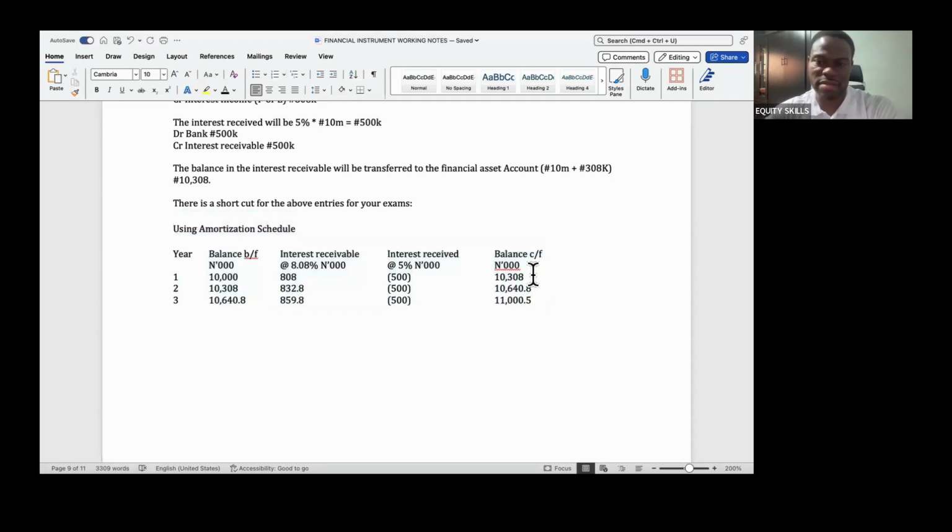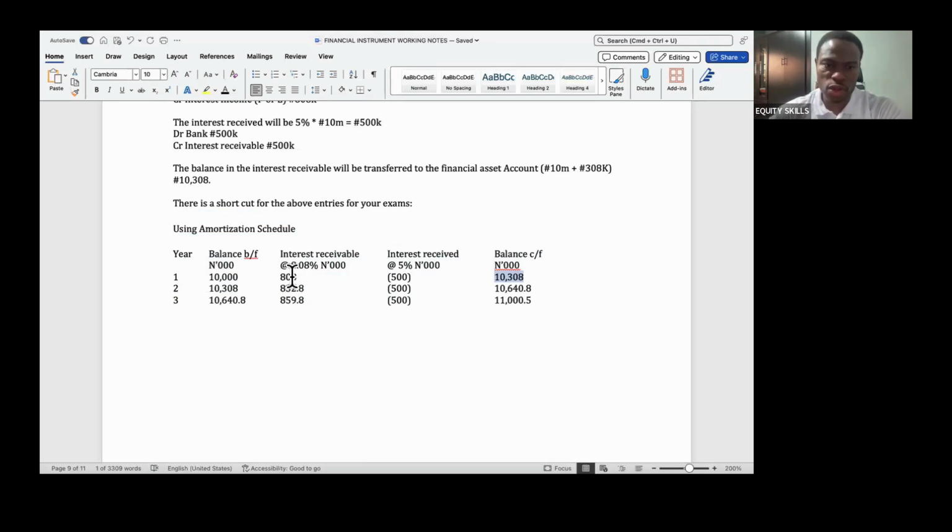Just that they might then give you a fair value at the end of the year and say the fair value is, let's say, 10.5, for example. Now, instead of 10,308, what goes into your books is 10.5. The increase can go to P&L if it's fair value through P&L, or OCI if it's fair value through OCI.